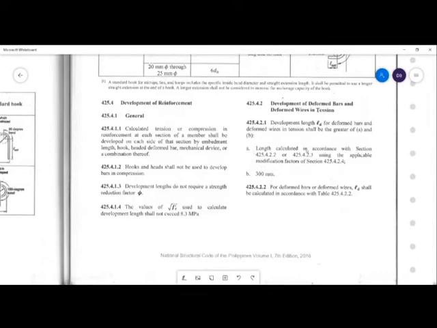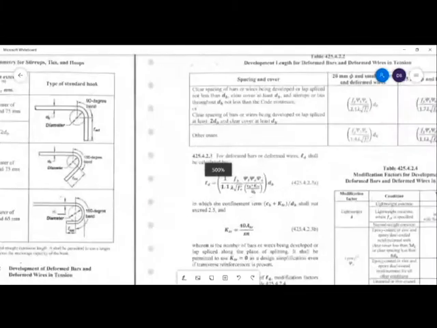Okay, so let's look at this table. In 425.4.2.3, we have this formula: 1 over 1.1, fy over lambda square root of f'c, times psi sub e and psi sub s over the quantity c sub b plus Ktr over d sub b, all multiplied by d sub b.